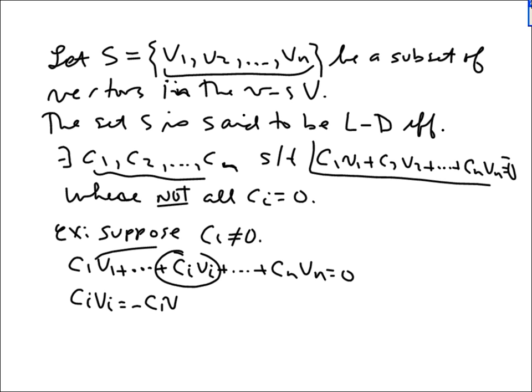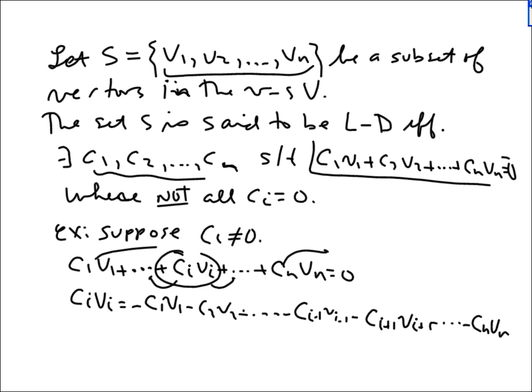Negative C1, V1, minus C2, V2, all minuses, including the term right before, minus Ci minus 1, Vi minus 1, minus the term right after, minus Ci plus 1, times Vi plus 1, all the way down to minus Cn, Vn.